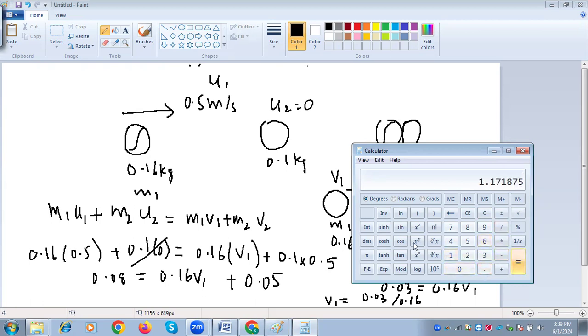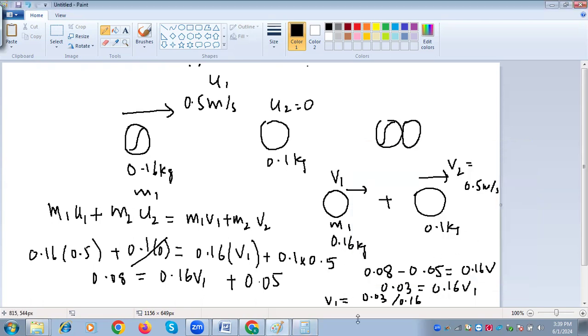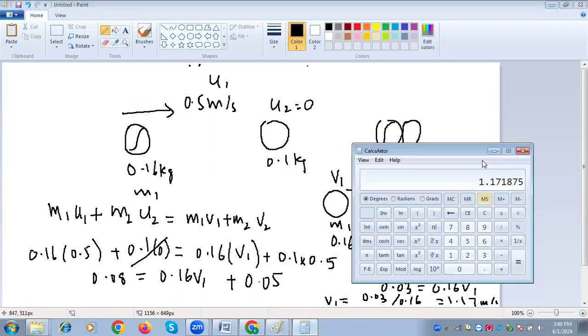So 1.17 meter per second. The initial velocity was 0.5. There may be an error. Let's check, of course, let me see once again.